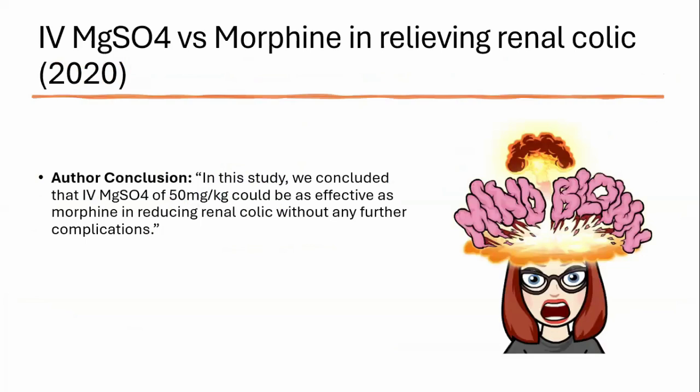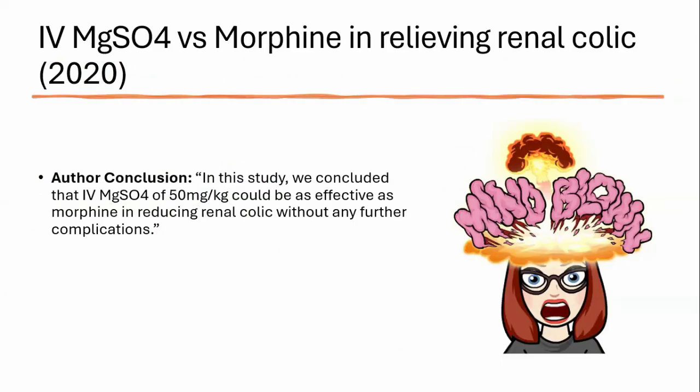But they found, and this was a real eye-opener for me, that you can use magnesium instead of morphine. It gives you fewer side effects. It's relatively safe. It's readily accessible, and you spare patients from being exposed to opiates, which is great.